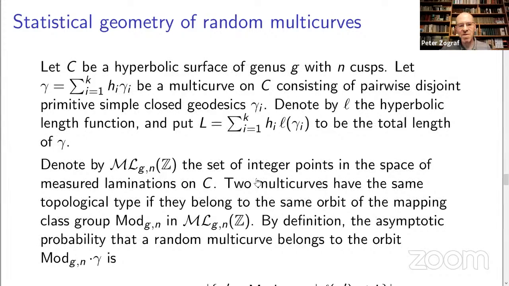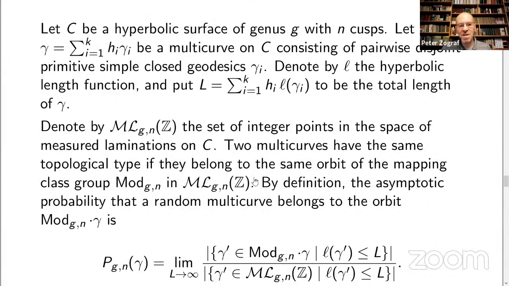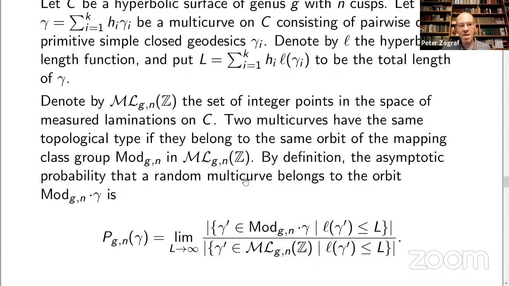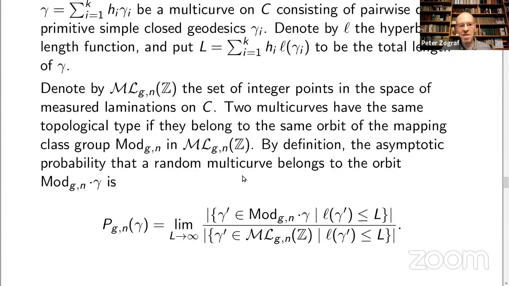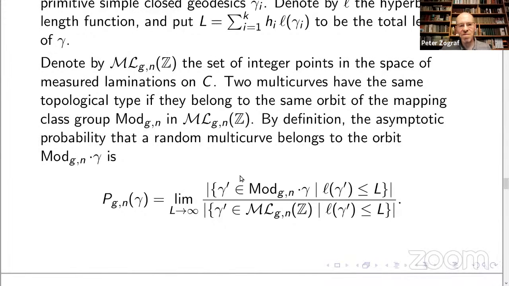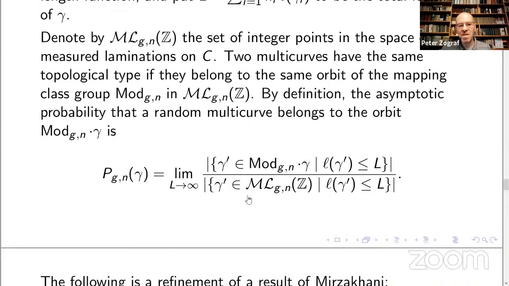By definition, the asymptotic probability that a random multicurve belongs to the orbit of the modular group Mod_{g,n} is the limit of the ratio of the number of multicurves in the orbit of gamma that is not longer than L over the number of all multicurves whose length doesn't exceed L.